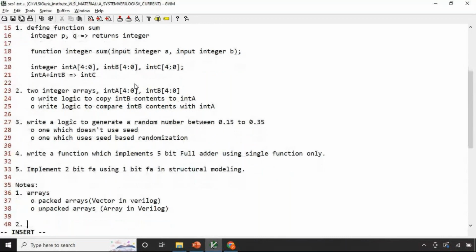Some basic differences, some very simple differences. Let's say in Verilog, you have to always write integer array 4 down to 10. Compulsory. You have to write both the dimensions.